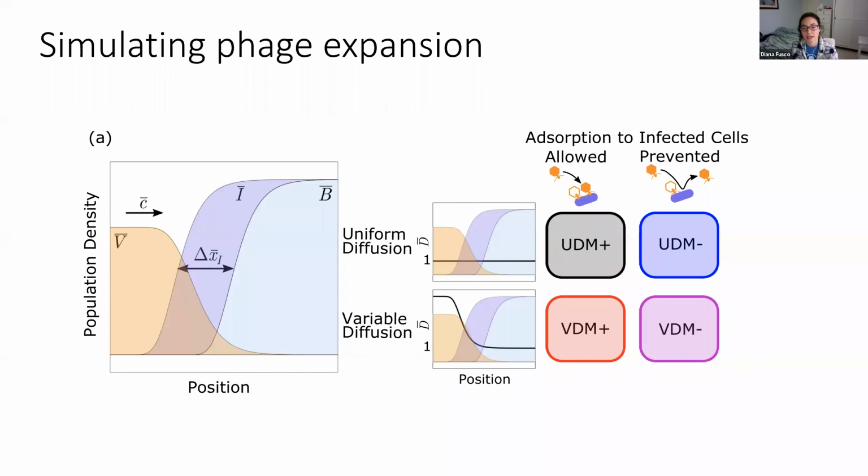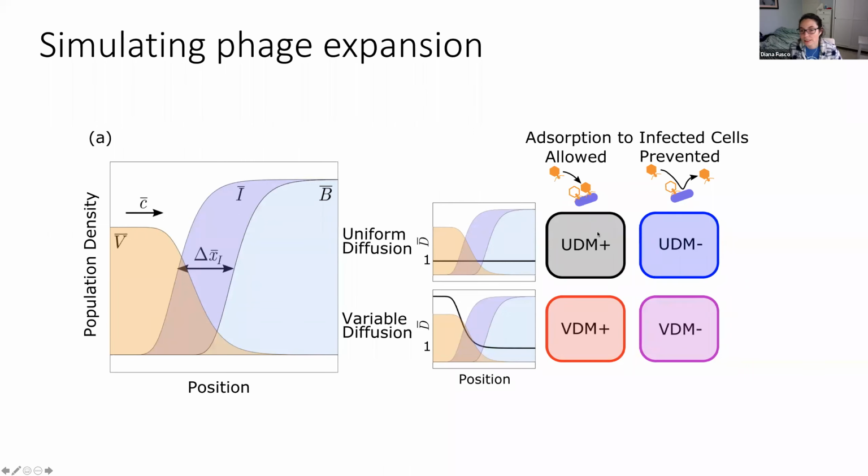So the idea that as the wave of the virus proceeds, and so the bacteria recede, there will be an inhomogeneous bacterial density that then will generate also an inhomogeneous diffusion, dispersal of the virus, so that the virus in the bulk of the wave is actually able to disperse faster than the virus that is at the tip of the wave. And we wanted to compare how the introduction of this point affects the result of the model.